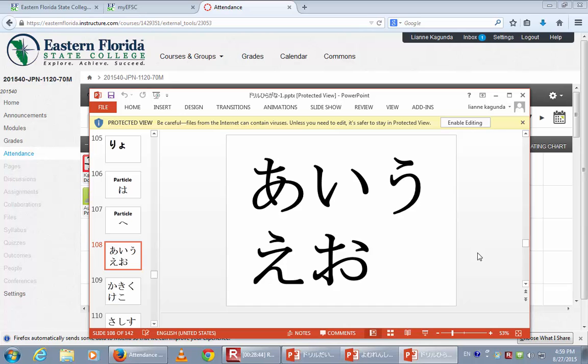So desu ka changes it from a statement, yes, that's true, to a question, is that true? So anytime you have a statement, if you put ka on the end, that turns it into a yes-no question instead. Very convenient. Ka makes it a question. So desu, yes, that's the case. So desu ka? Really? Okay.